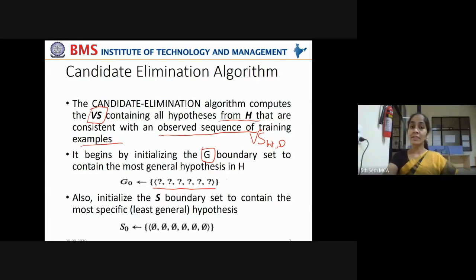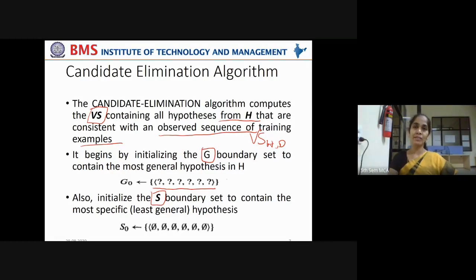So what is the next step in this? Also initialize, not next step, but simultaneous step. You have to do these 2 steps as the first step itself. So the simultaneous step is to initialize the S boundary set. We have initialized the G boundary set with the most general hypothesis and the S boundary set to contain the most specific hypothesis. You know that this boy doesn't enjoy the water sport whatever the weather condition given.